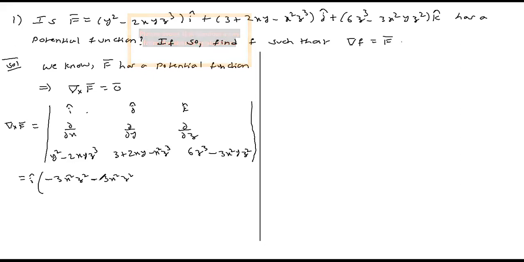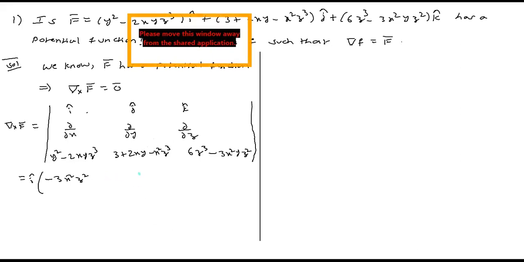Minus or minus, it has to be plus. Can you see it? Dou by dou y of this component minus dou by dou z of this component is minus 3x square z square. Minus or minus gets cancelled.